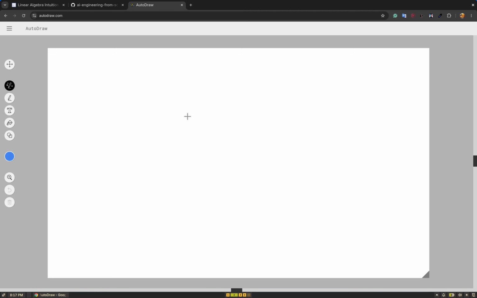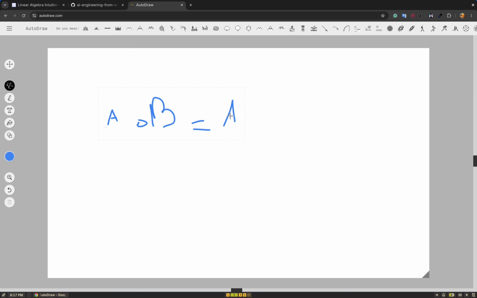Start drawing. So basically, A dot B is equal to, my drawing is terrible with the mouse pad, A B cos theta.